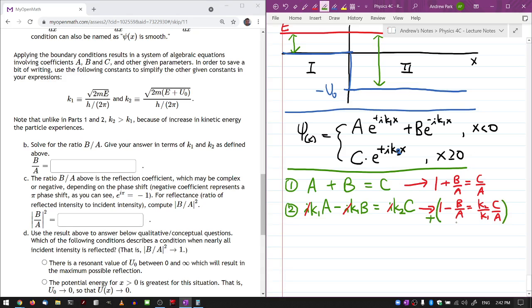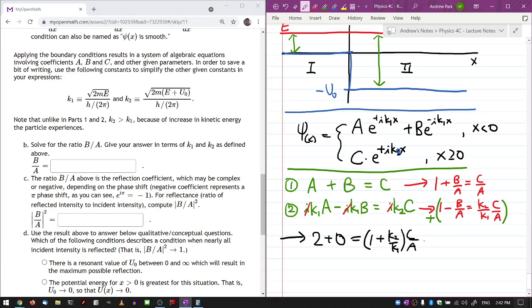The b over a terms cancel out. So adding the two equations, I have 1 plus 1 is 2, b over a minus b over a is 0, equal to c over a plus k2 over k1 c over a, or factoring out c over a, 1 plus k2 over k1 times c over a.